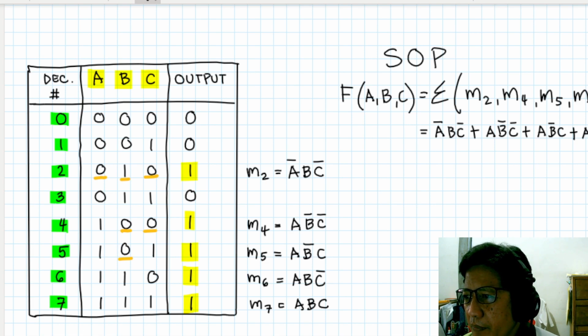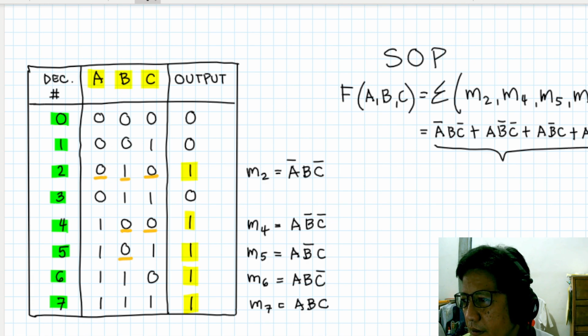So the next step after getting the Boolean function is to simplify it.